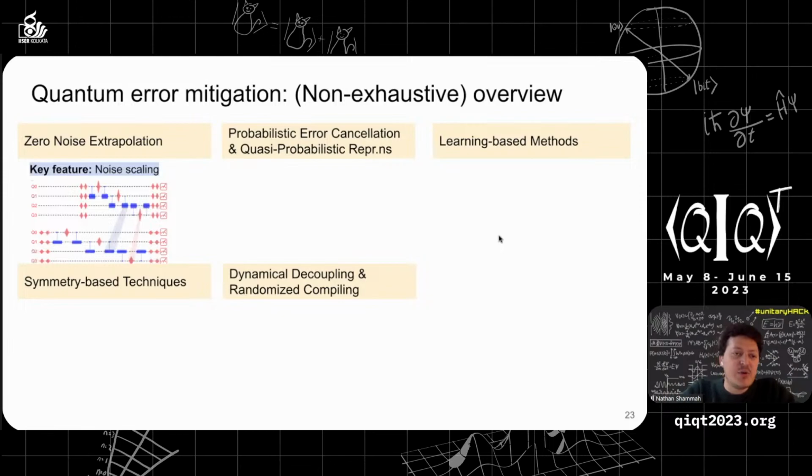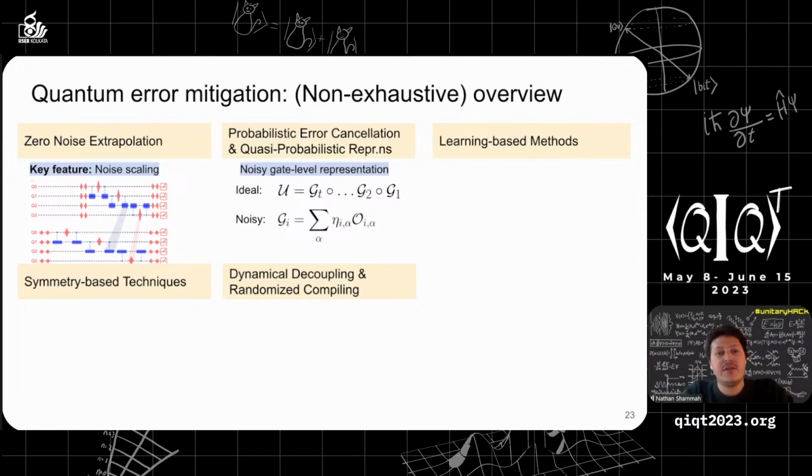Zero-noise extrapolation is the one I will focus on mostly in the rest of the talk. It is based on the idea of scaling noise at the full quantum circuit level, which you see here from an image from an IBM paper. I will delve into these techniques later, so I will not speak too much about it at this point. Let me give a brief overview of other techniques.